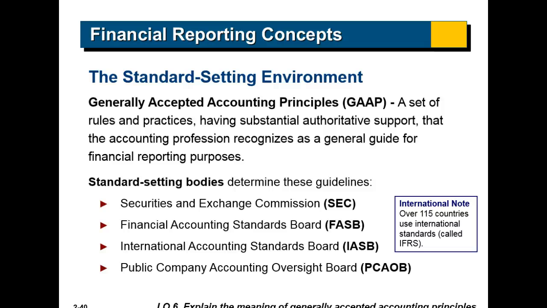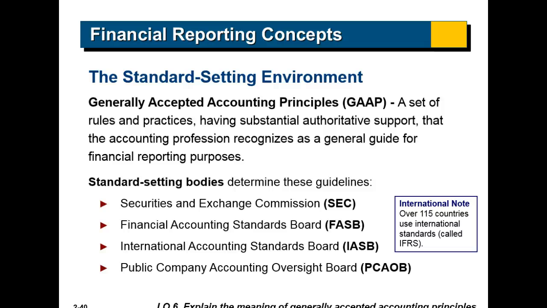So they will provide us with guidelines such as certain things or most items on financial statements have to be recorded at what's called the historical cost principle, which means it's what you bought it for. Or there are GAAP guidelines regarding, let's say we have inventory that's become worthless.